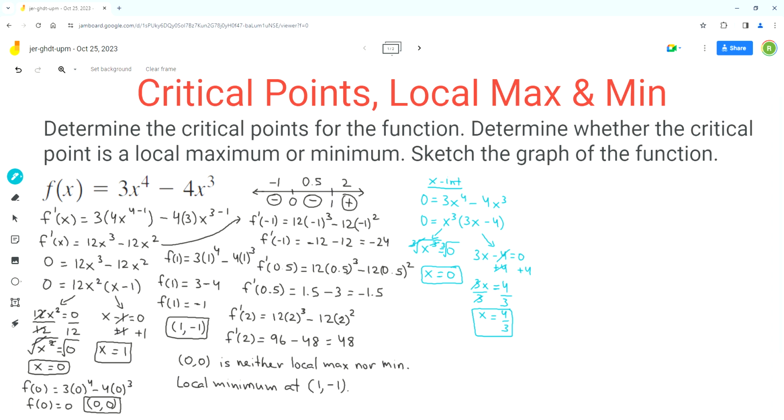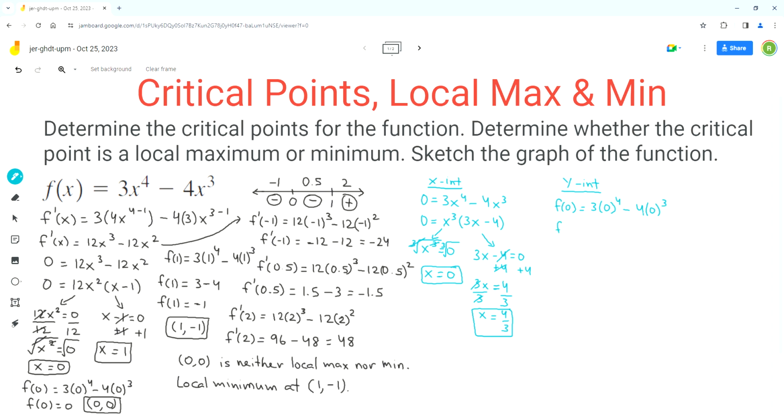Now we can find the y-intercept. So for the y-intercept, we'll sub in x as 0 in the given function. So f at 0 equals 3 times 0 exponent 4 minus 4 times 0 exponent 3.